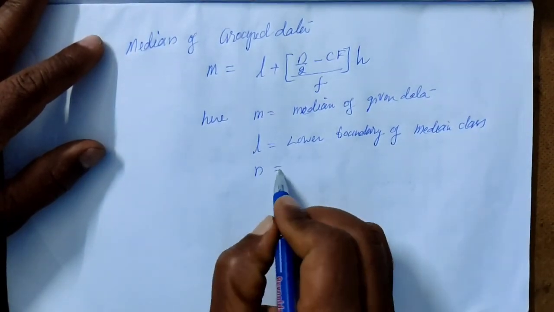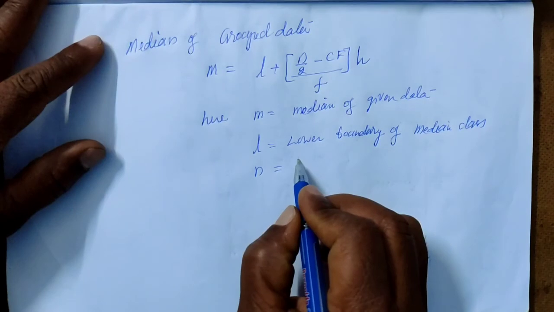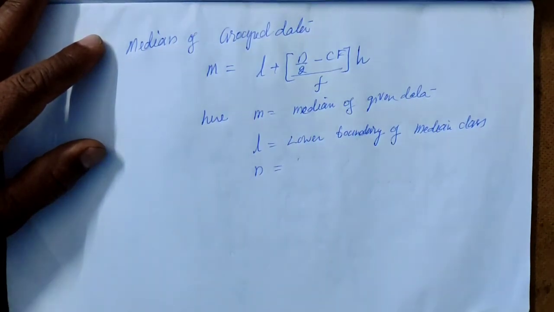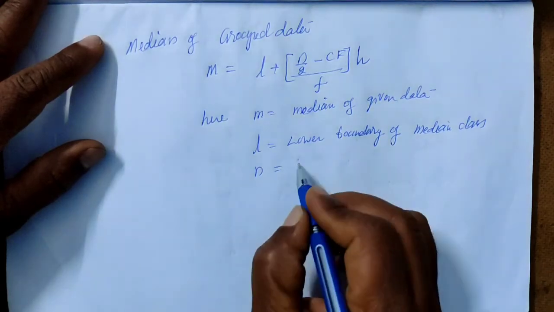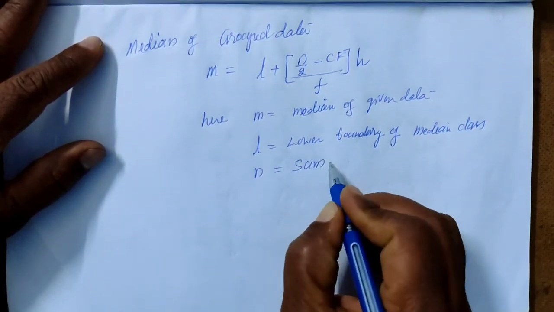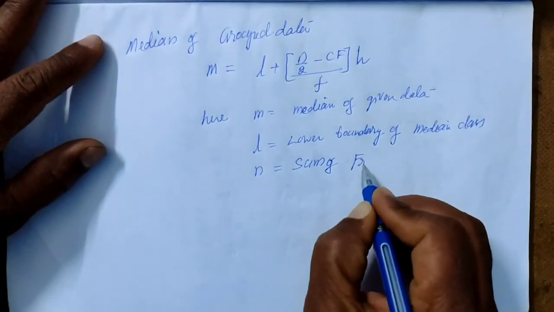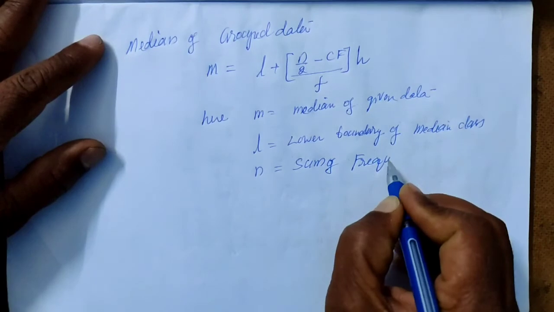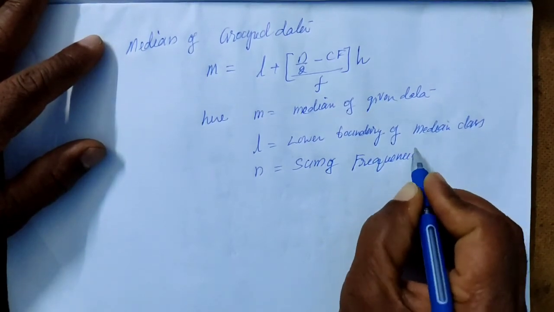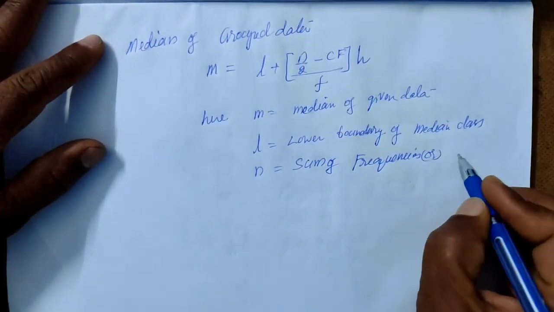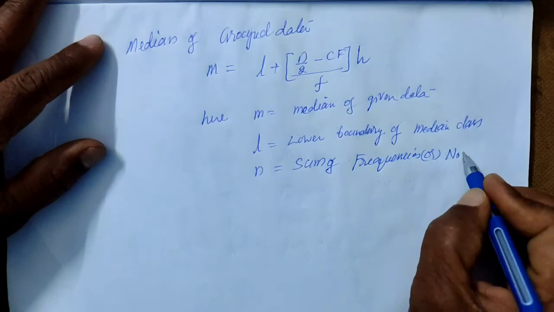N is the total number, the sum of frequencies, or the number of observations.